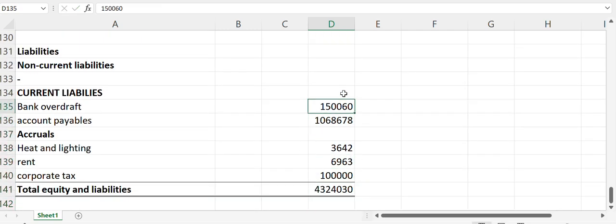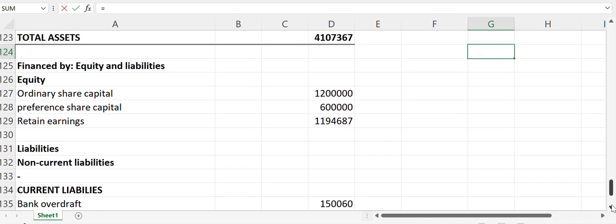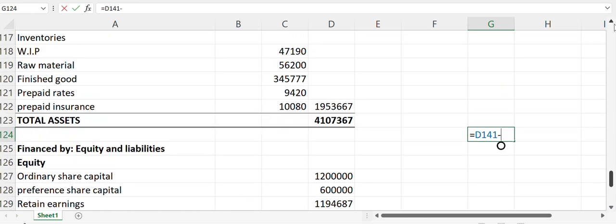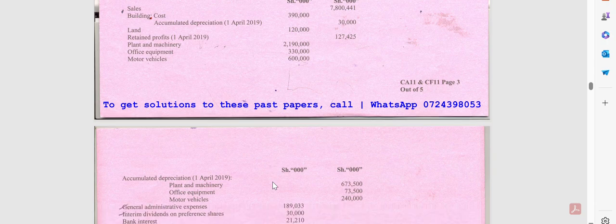That is 43,24,030. So there is a deviation. Let us check whether we've left out an item. I think we've left an item, probably. Let us check if there is anything we've left out.